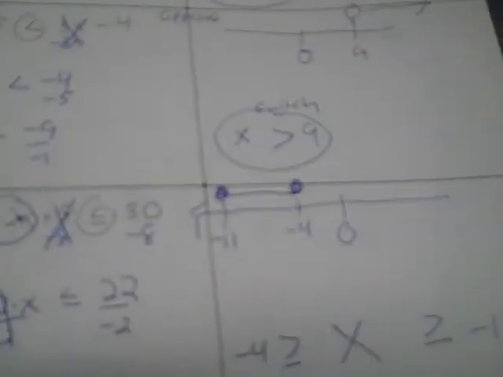So we circle. Both lines are there, so we fill them both in. And then all we do, we don't worry about what direction they go. We're just going to connect them. That means x can be any number as long as it's in the range between -11 and -4, instead of just greater than 9 or greater than 6.